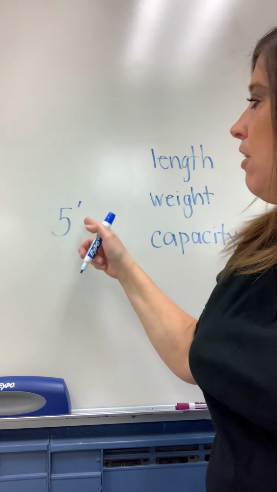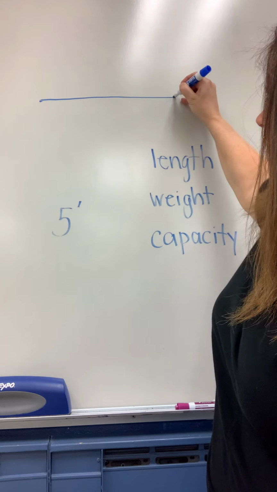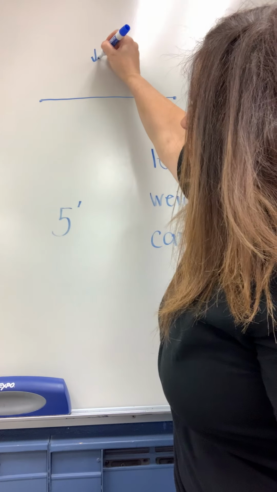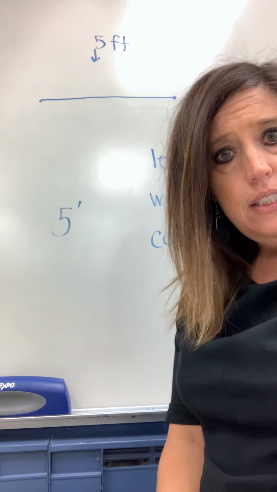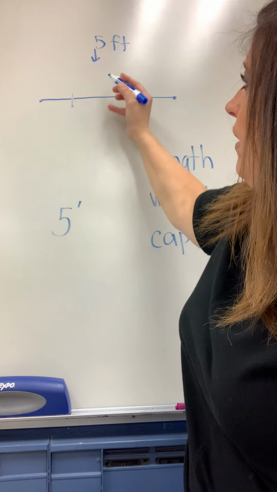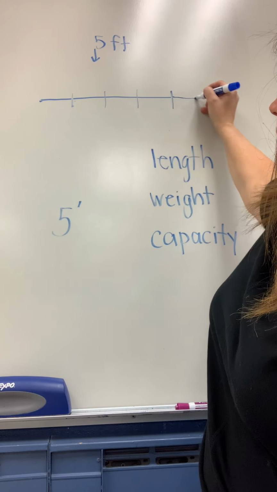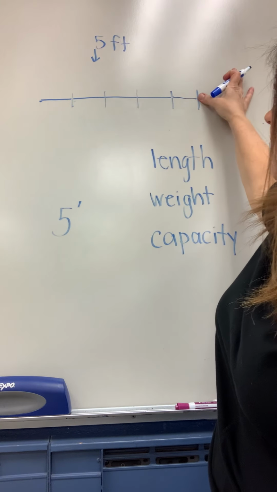Well, because I know that there are 12 in my 5 feet, if this equals 5 feet right here, it doesn't, but if it would, let's pretend that that's a foot. From here to here is a foot, from here to here is a foot, from here to here, and so forth. Just pretend that it actually is. I'd have 1, 2, 3, 4, 5 feet.